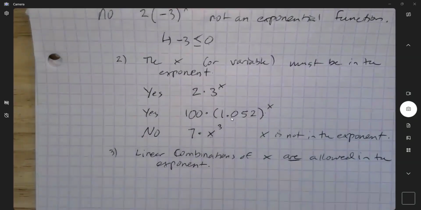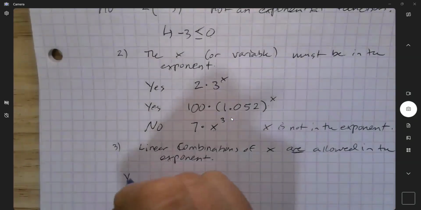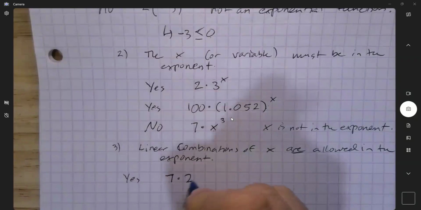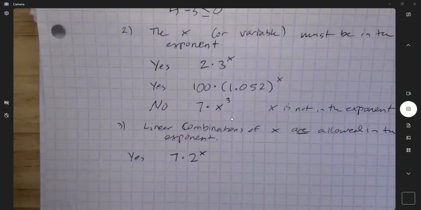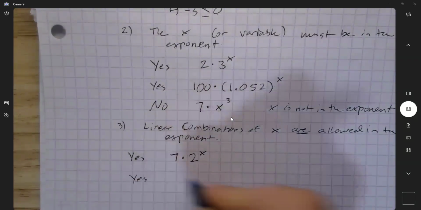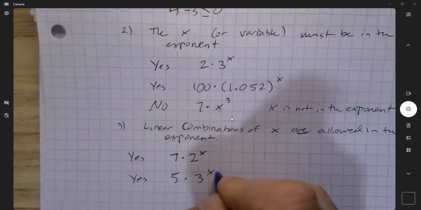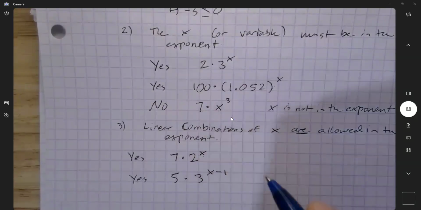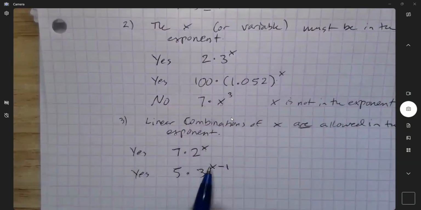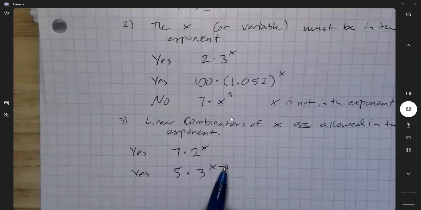What I mean by that is you could just have a basic exponential, but you could also take that x in the exponential and do something that would work as a linear function. X minus 1, that's a basic linear function. So this is allowed. This is an exponential function.